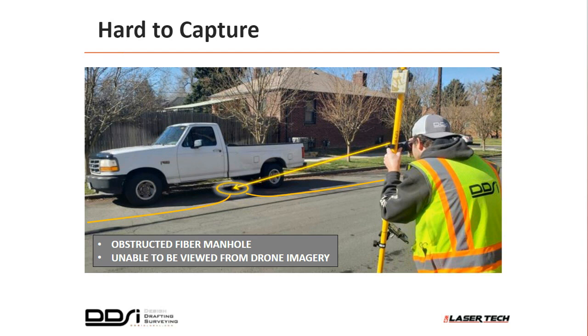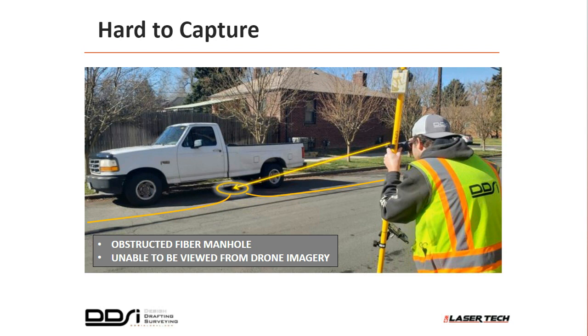So even in this situation you're looking at here, for one of our telecom projects, we need to capture all the existing features, including the underground utilities that are marked by our partnering third-party locating service. And even though we're not technically on a busy street, where we might be able to physically occupy this point, a critical asset to the project is located underneath the parked car.